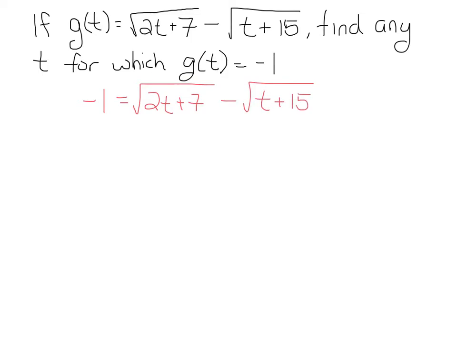When you're dealing with an equation that involves two radicals, you want to get one radical on each side of the equation. So let's move the square root of t plus 15 by adding it to both sides.